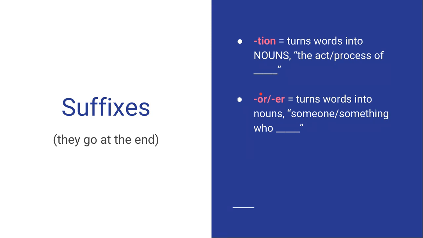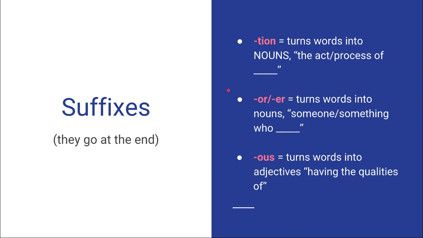A computer is something that, and I guess you wouldn't use who here, you'd use something that computes. Okay, a doctor is someone who, and in this case, they do some other stuff, but or and er usually are someone or something that does something. A teacher teaches. A swimmer swims. Okay, or, er, someone or something who does something.